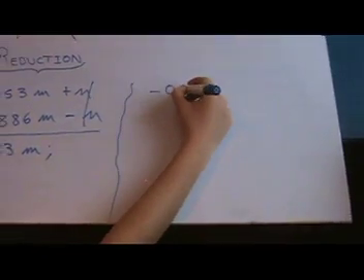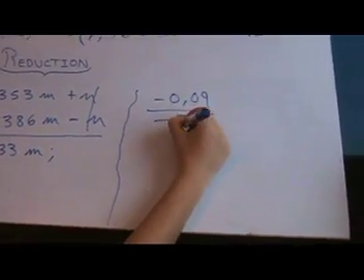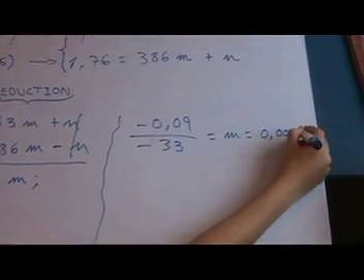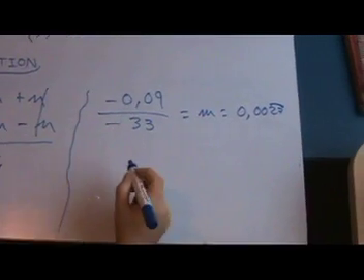The next step is working out the value of m in our formula. Now we can't do that because we already got rid of the n.